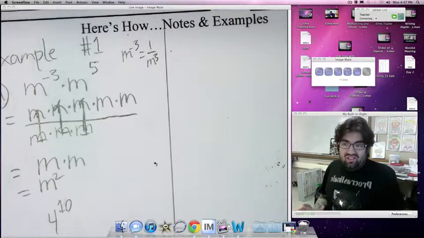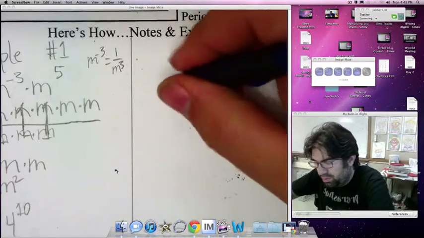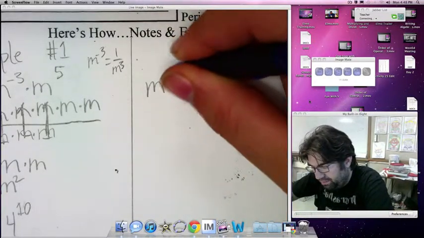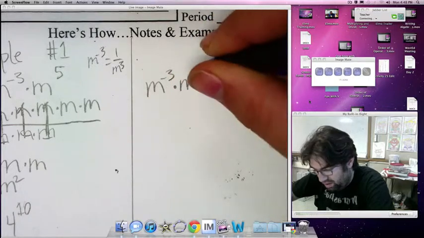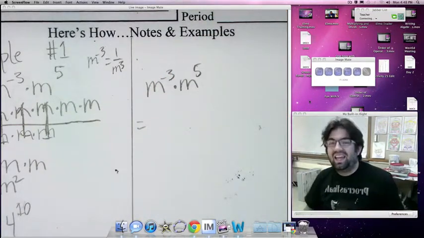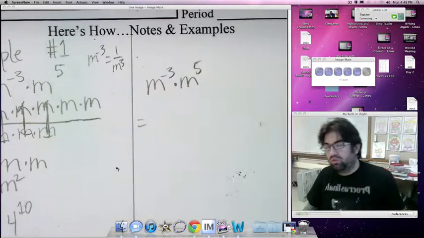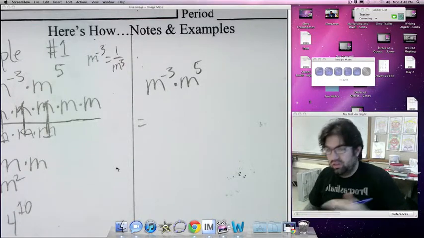So the question is, can we use our properties as before? Well, let's check it out. Our property when the bases are the same, if you look in your notes from last time, which I highly advise, I can add the exponents together when the two powers are multiplying together.